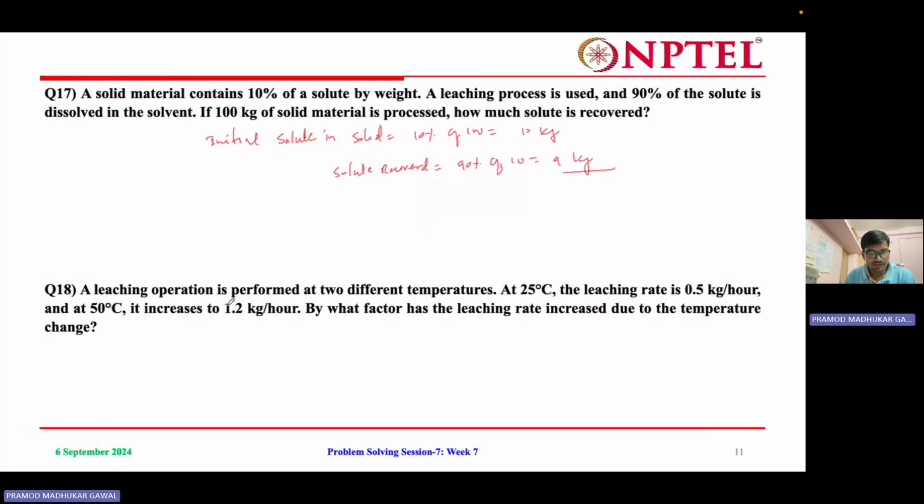Question number 18. A leaching operation is performed at two different temperatures. At 25 degrees Celsius, the leaching rate is 0.5 kg per hour, and at 50 degrees Celsius, it increased to 1.2 kg per hour. By what factor has the leaching rate increased due to the temperature change?